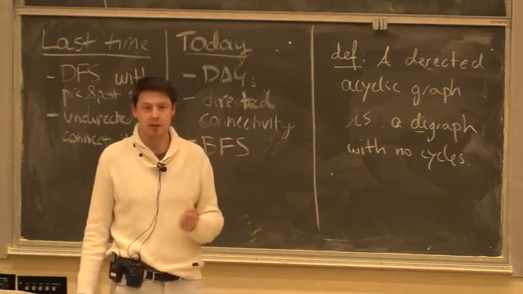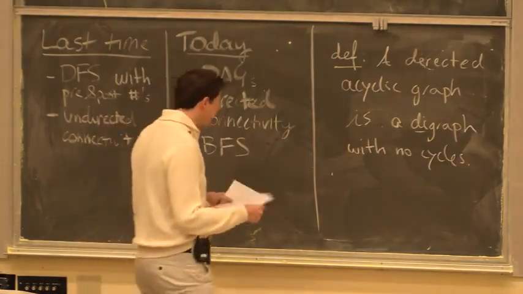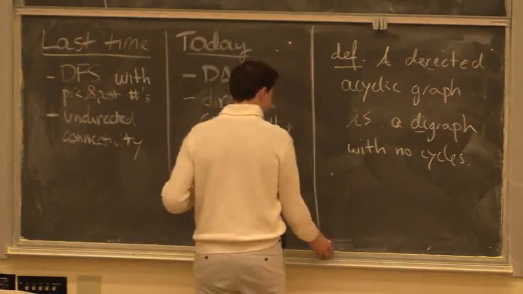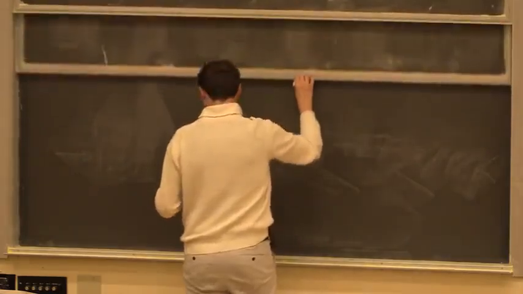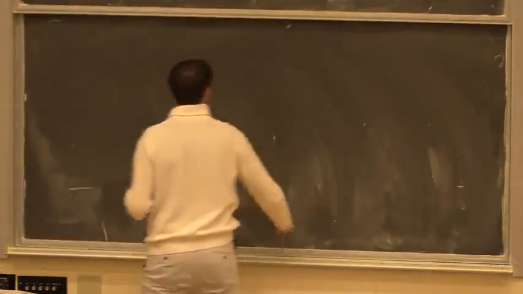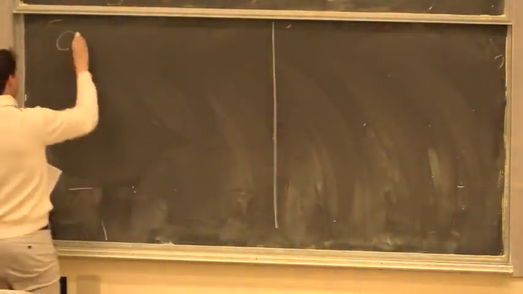So these are useful as modeling tools on their own, okay? All right, the first question that we want to ask is, how can we detect that a given graph is acyclic, okay?